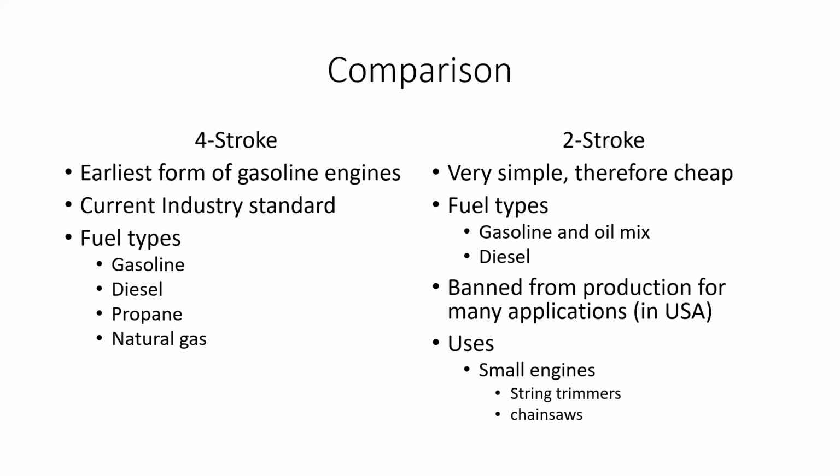So anyway, two-stroke nowadays, the only uses for them are small engines. You'll see weed eaters and chainsaws and lawn care implements or tools that use these two-stroke engines. Pretty much everything nowadays that has an internal combustion engine, a diesel or a gasoline engine, is going to be a four-stroke cycle.